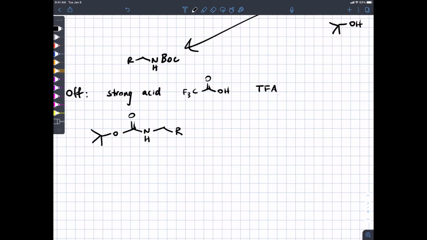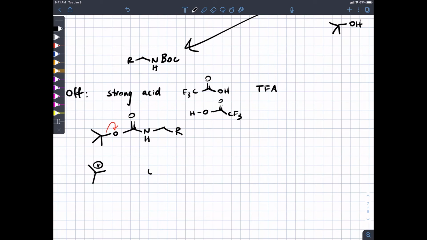All right, under strongly acidic conditions, here's the TFA acid. It's thought that the oxygen can leave from the tert-butyl group to give you a tert-butyl carbocation.